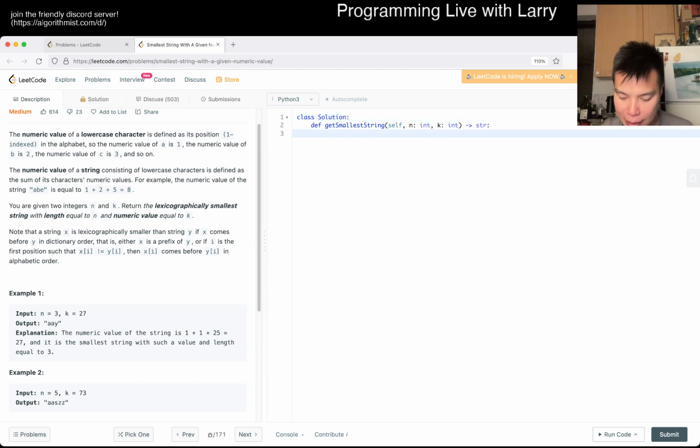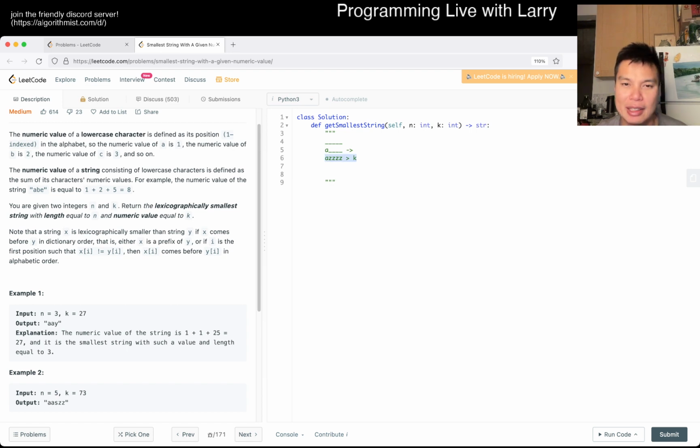Meaning, for example, if n is equal to 5, you have 1, 2, 3, 4, 5. Then you ask yourself, can the first character be a? Can the first character be a? And what does that mean? That means that if we do a z z z z and it is greater than the numeric value k, then this is no good, right?